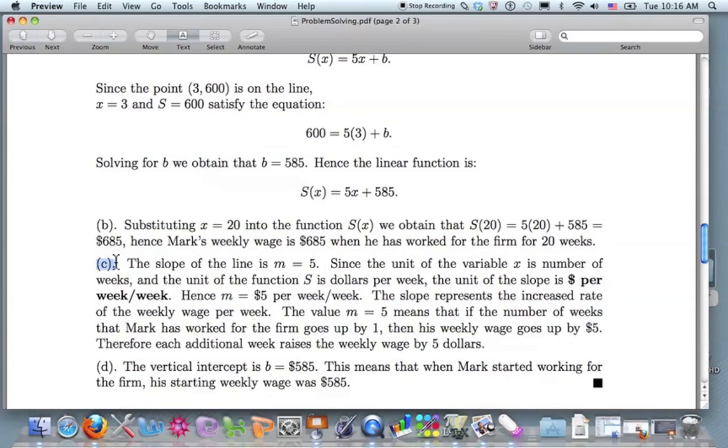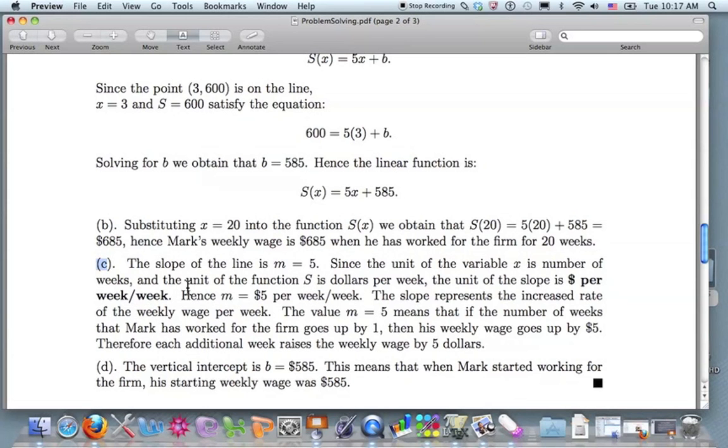So let's pay attention to part C. Here we need to find the value, the unit, and the meaning of the slope. The value is easy, it's 5. What's the unit? The unit is the unit of the function, that is S, which is dollars, divided by the unit of the variable, which is weeks.